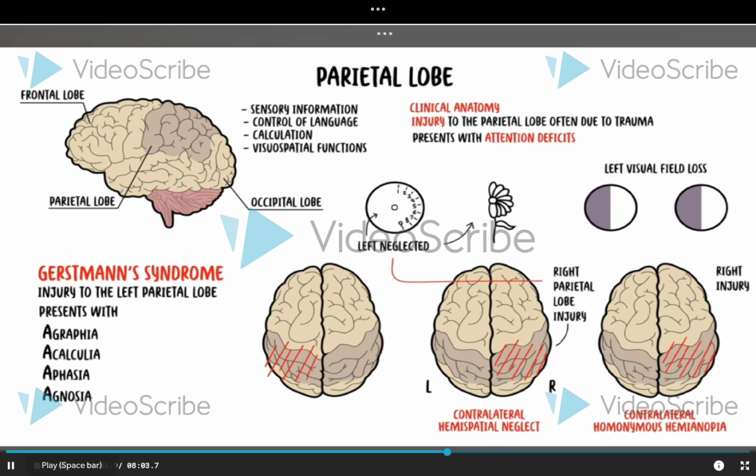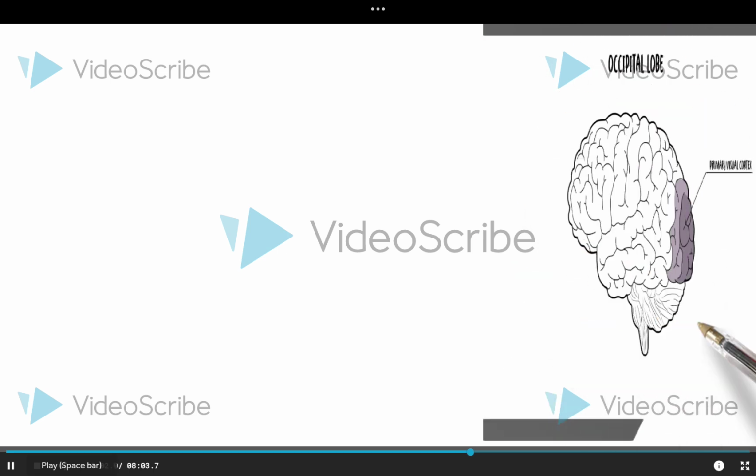Right parietal lobe injury can cause contralateral neglect, ignoring the left side of the body, and may also result in contralateral hemianopia.